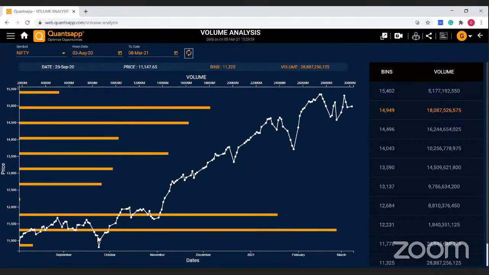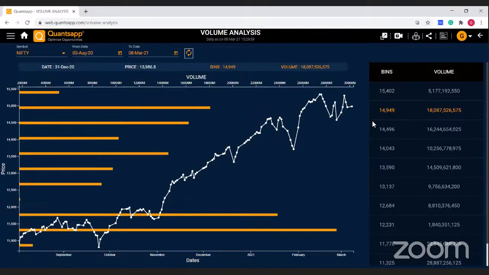So these are the volume levels, the bin levels, where the highest volume has been seen in that period. Nifty tried to surpass that. And now again we are looking at the level of 14,949.50 over almost an 8-month period, from August through March.